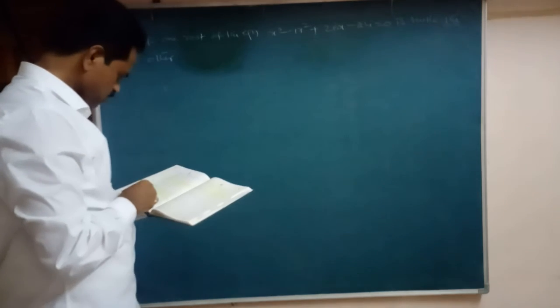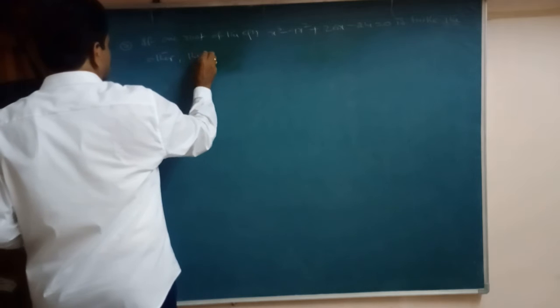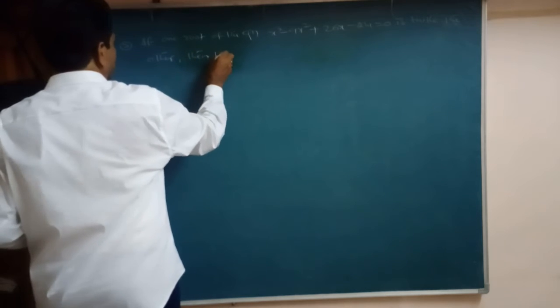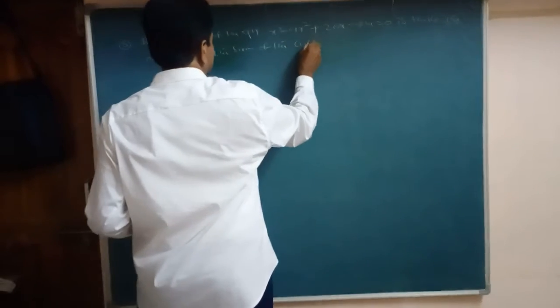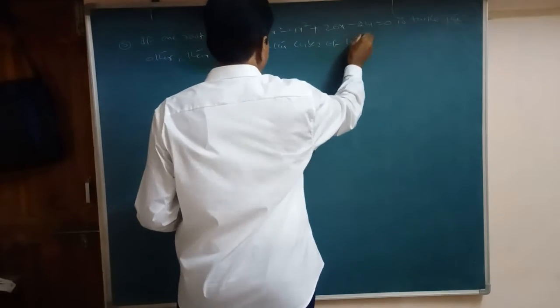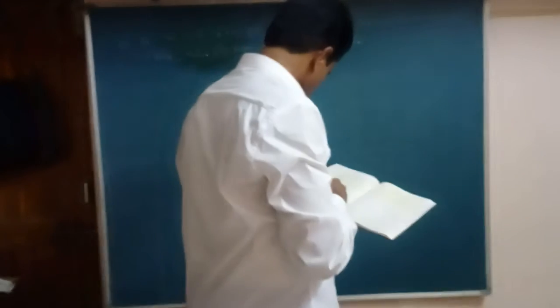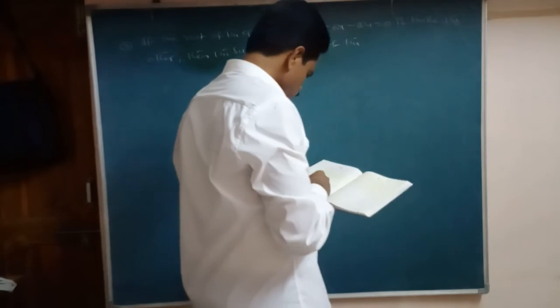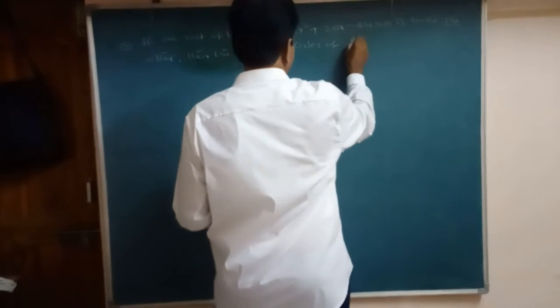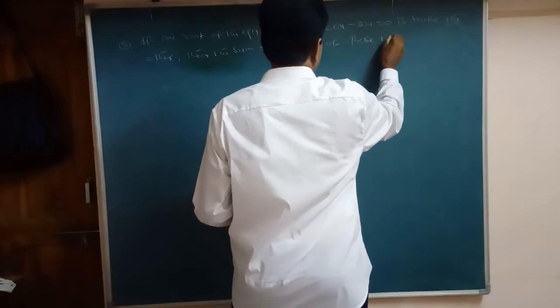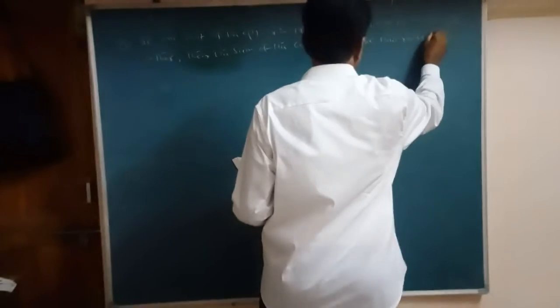Then the sum of the cubes of those two roots is.